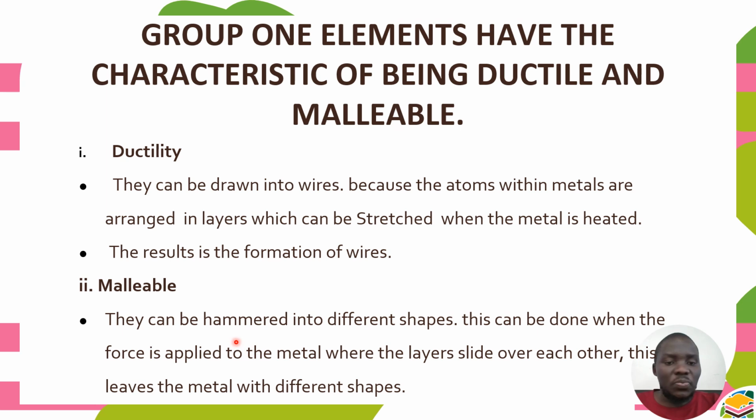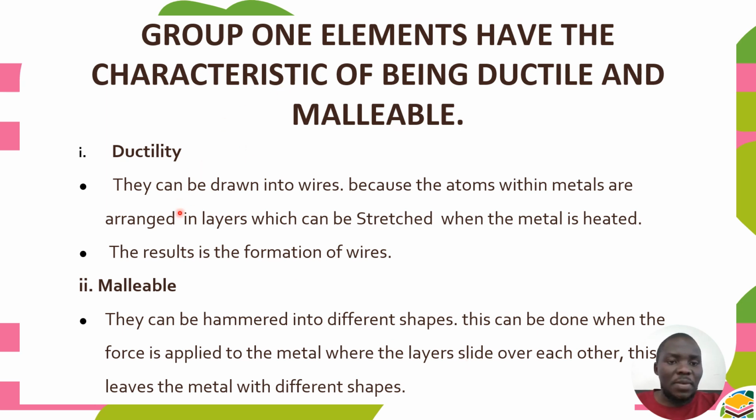What makes them able to be shaped like this? We'll use the same knowledge. This happens when force is applied to the metal and the layers slide over each other. When you are hammering it, you are sliding the layers in the metal, and you can bend it and form different shapes.